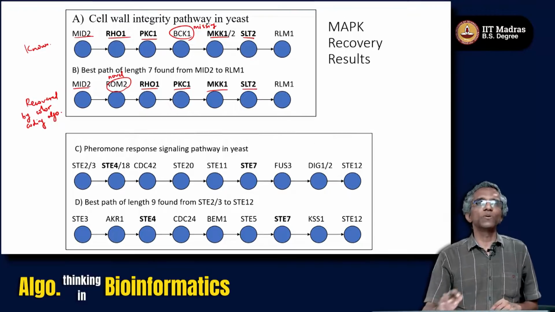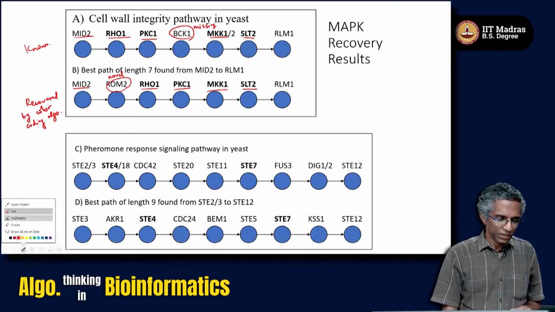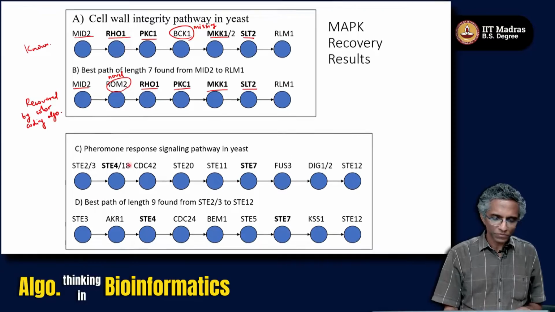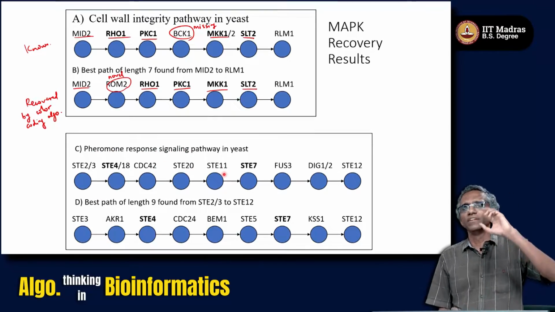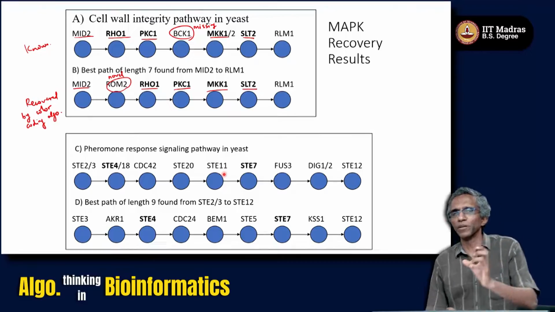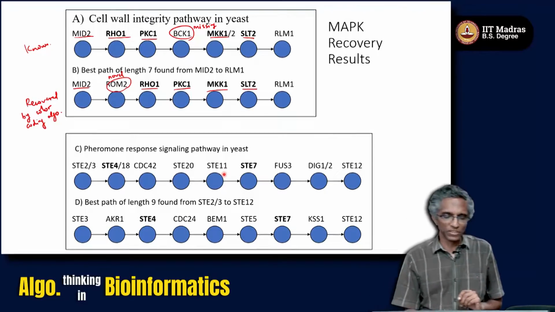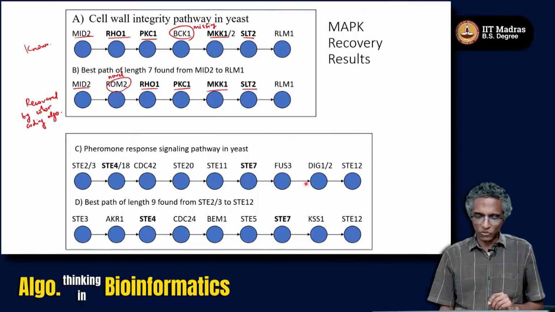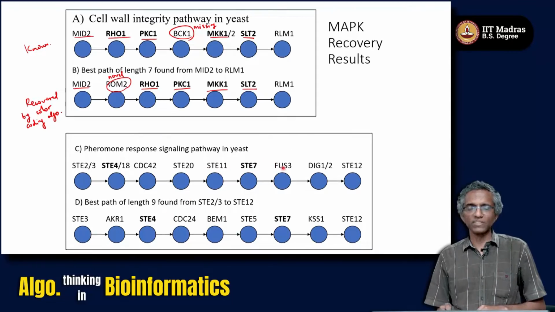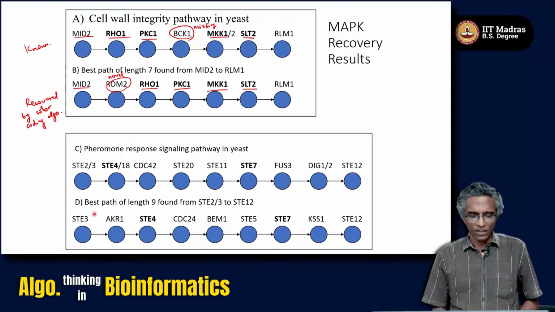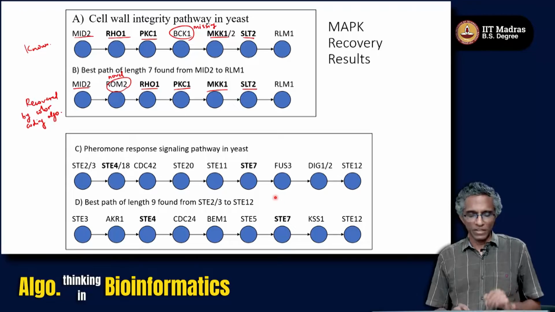So, this is for the cell wall integrity pathway on the top, and in the bottom you have a pheromone response pathway, these MAP triple K, MAP double K and MAP single K pathways. So, that is what is shown here. Again there are some novel components and some things are missing, but largely the structure of the pathway is able to be recovered.